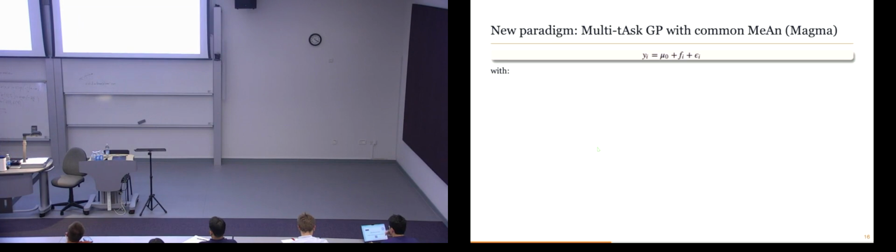So why not impose a new model, which, as before, for an individual i, for task i, the observation is a GP f_i plus noise, but now we add this process here that I will call a mean process, mu_0, that you will see afterwards is common to every individual or every task.